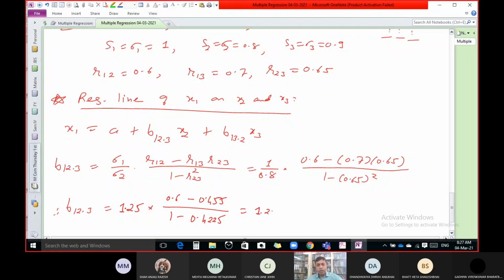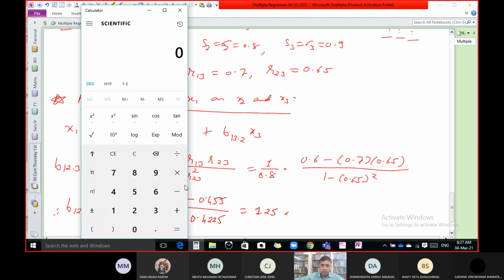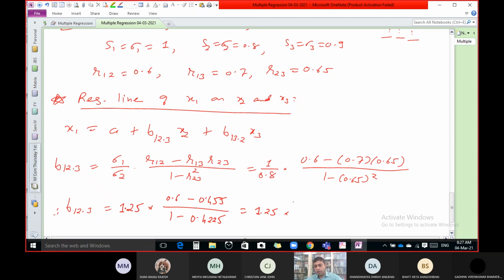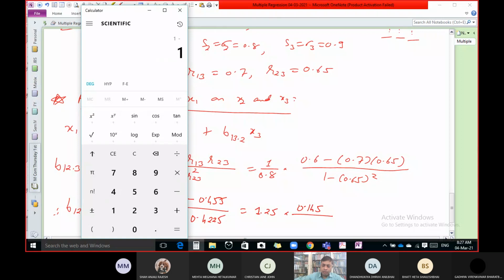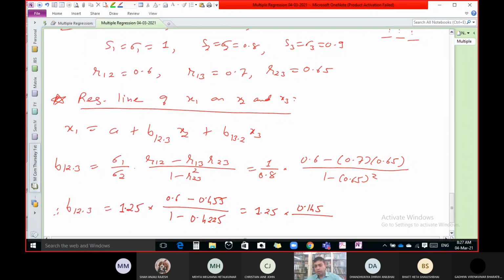Keeping this 1.25 as it is, 0.6 minus 0.455 is 0.145, and 1 minus 0.4225 is 0.5775.